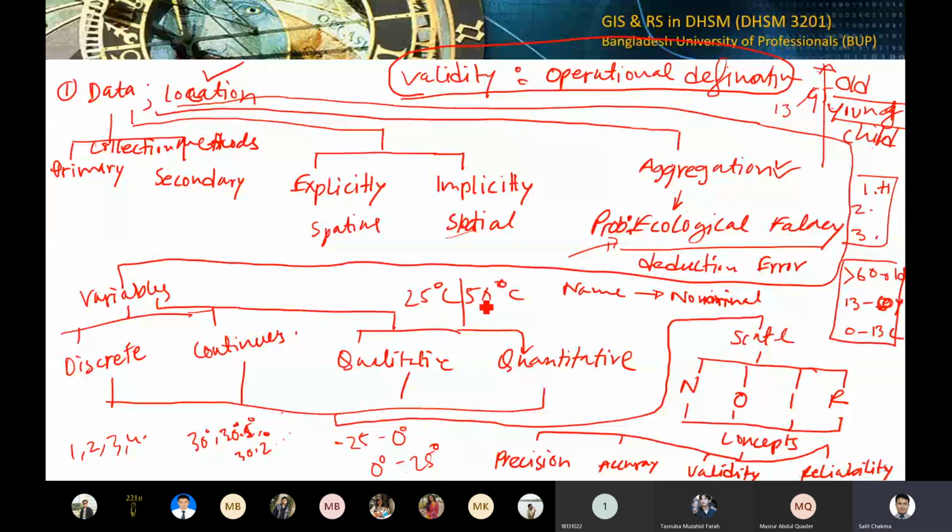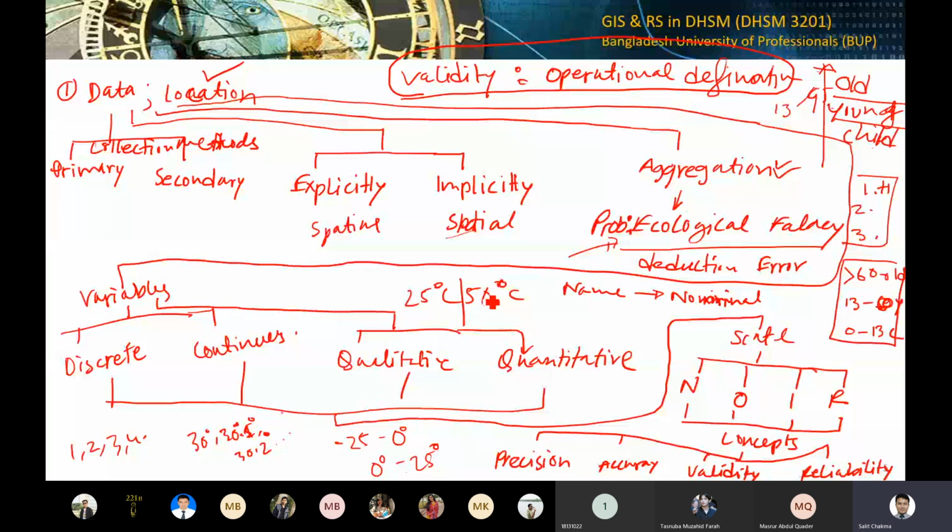You, of course, could say that there are 25 intervals. That means 25 differences. If you subtract 25 degrees Celsius from 50 degrees Celsius, you will get 25 degrees Celsius. So some mathematical operations can be done.